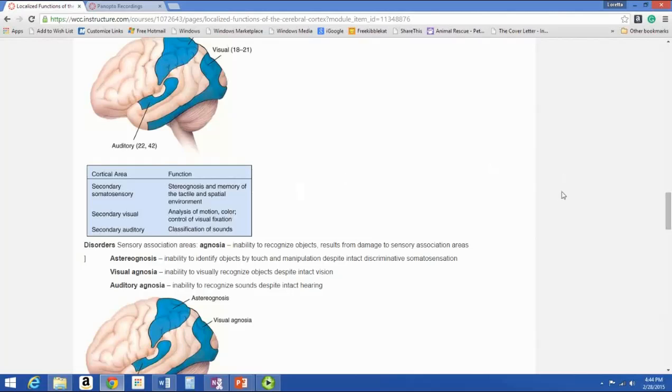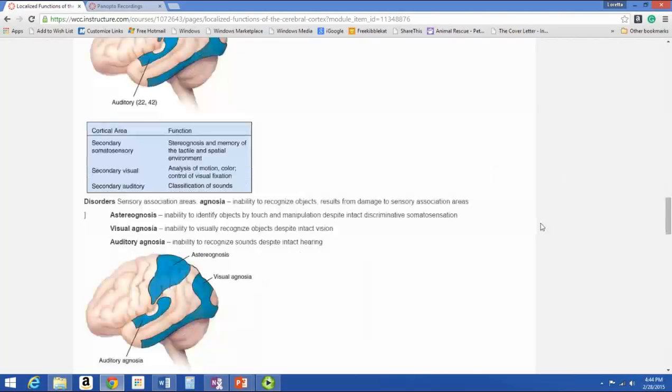Disorders of the sensory association areas are called agnosia, and if you break the word down, it means inability to know. Interesting, right? So agnosia is the inability to recognize objects. You don't know what that is, despite the fact that you have intact sensory receptors.